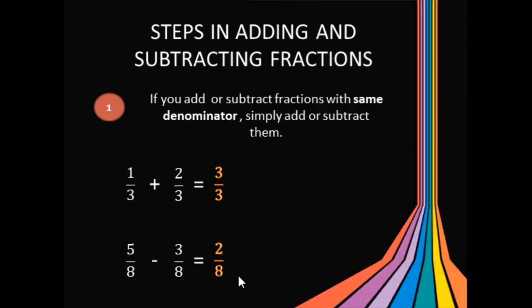That is step 1. No problem if the denominators are the same. You just add or subtract it and then copy the denominator. Okay? Again, if you add or subtract fractions with same denominator, simply add or subtract them.